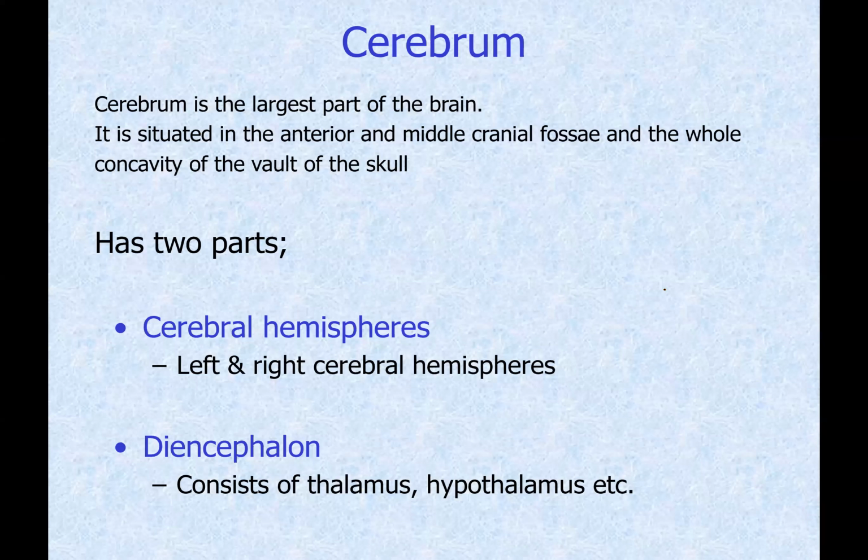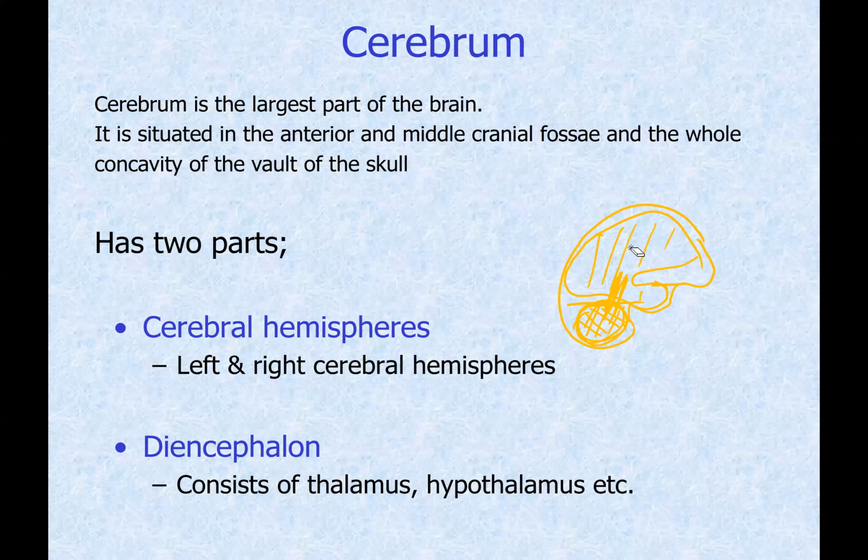Because if you draw the skull, your skull would be like this. So you have cranial fossae like this: anterior, middle, and posterior cranial fossa. The anterior and middle cranial fossa is occupied by the cerebrum, and in the posterior cranial fossa, you get the cerebellum, and the brain stem passes between the two. We'll come back to it later.